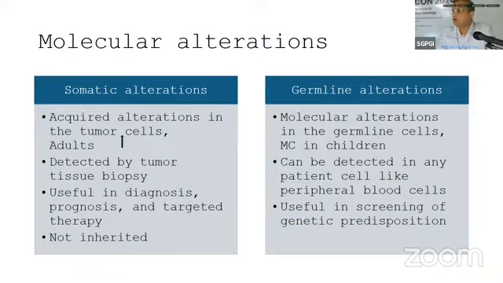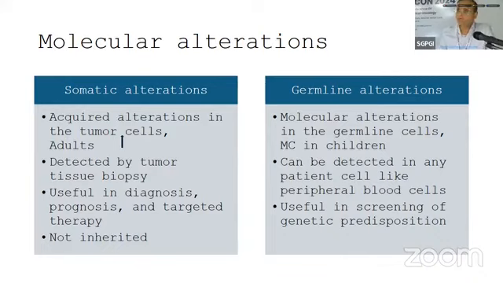Somatic alterations are those present within the tumor cell. When we do a tumor biopsy, these somatic alterations are identified, and because they are present in tumor cells, they can be used for diagnosis, prognosis, and targeted therapy.